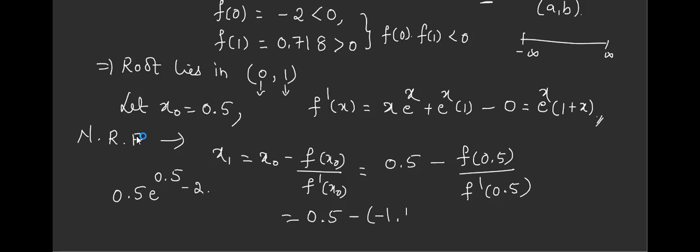Check it. Then f dash: x is 0.5, 0.5 plus 1 is 1.5, so take 1.5 e raised to 0.5. The answer for f dash is 2.473. Now minus into minus is plus: 1.175 divided by 2.473 plus 0.5.